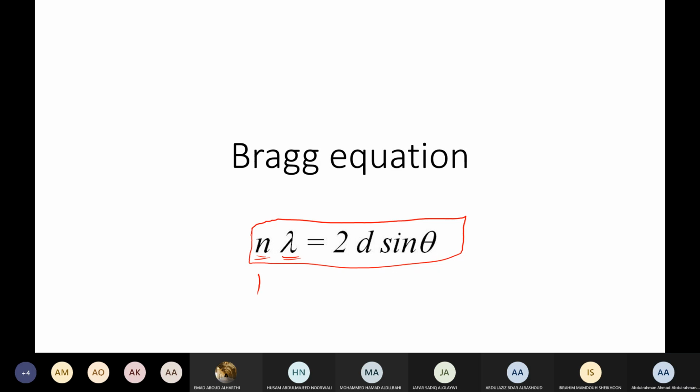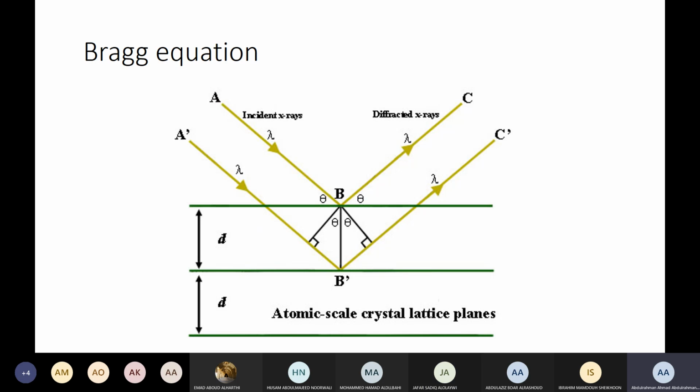Wavelength of light. What's d? The distance between the layers. And theta? The reflecting angle. That's the shape. This is theta, this is d, and this is lambda.